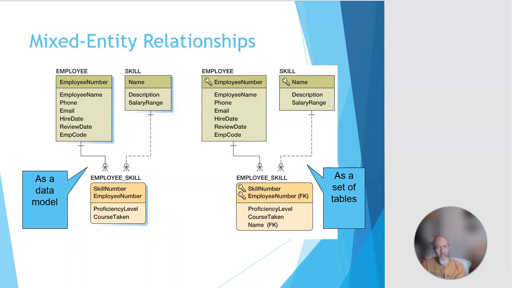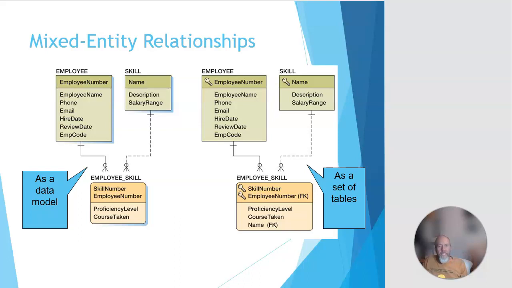Can a skill live all by itself with no employees actually having that specific skill? Well, guess what? I'm going to throw it out there again. It's a business decision. It's a business logic decision. But depending upon whether you decide yes or no, it will have an effect on how you do this.